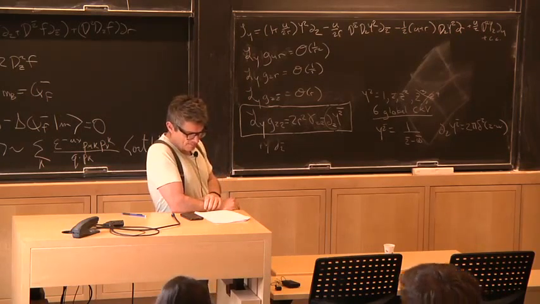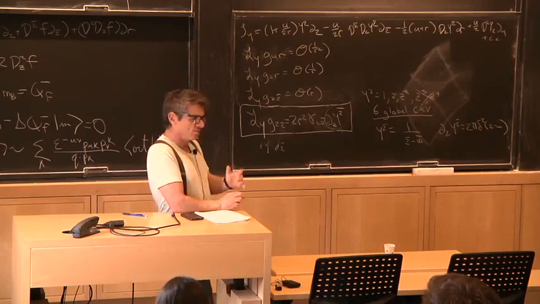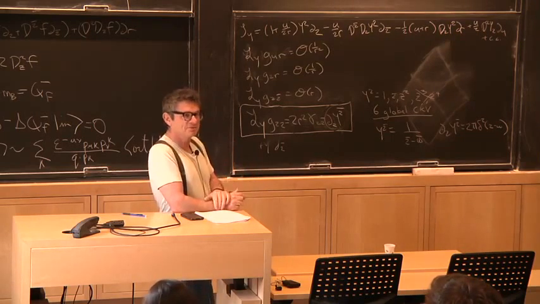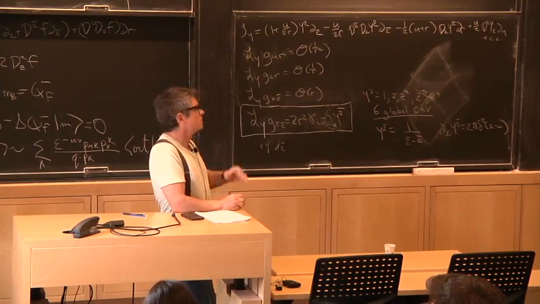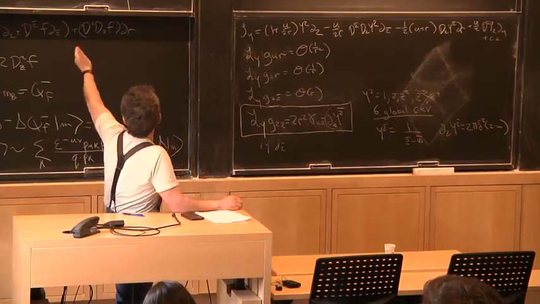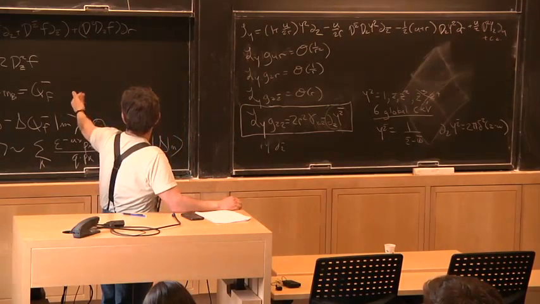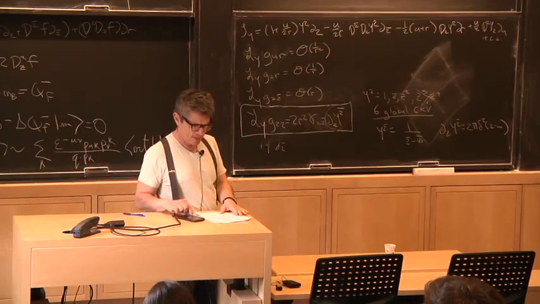So there are a lot of very nice papers, which I found very helpful, by Barnich and Troessaert, but they're very long papers with all kinds of details in them, all about the classical structure of how all these coefficients transform under the superrotations.